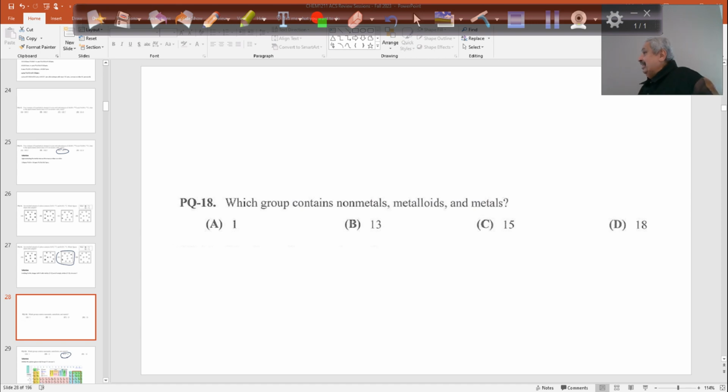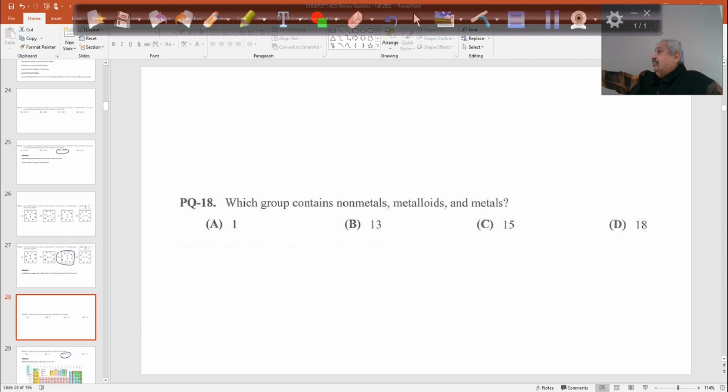However, in between, there are some groups that have a mix. Some of them non-metals, and some of them metalloids, and some of them all 3 at once. Which one do you think that will be?